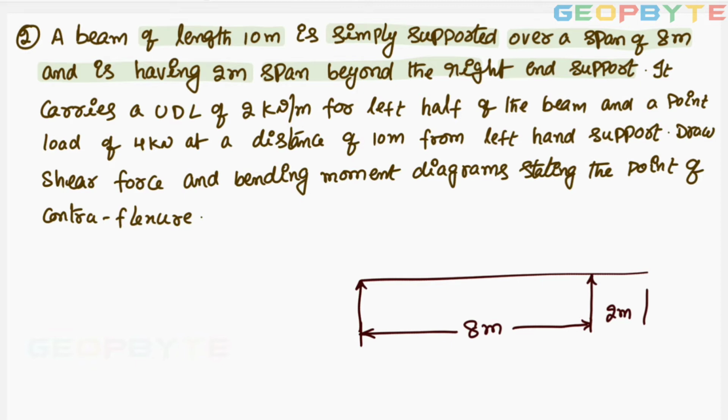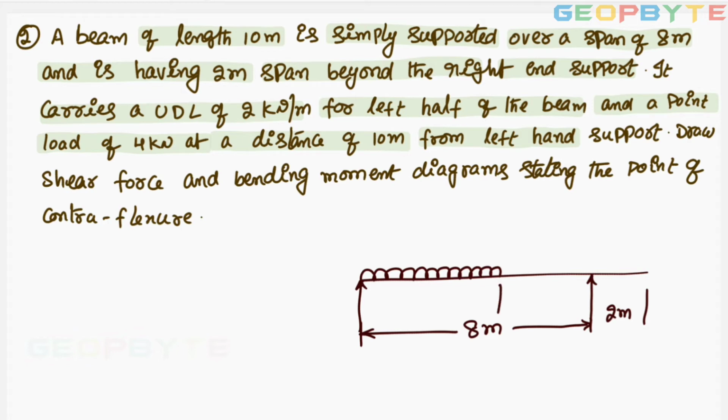It carries UDL of 2 kilonewton per meter for the left half of the beam and a point load 4 kilonewton at a distance of 10 meters from the left end. For the first half means 5 meters. The total span of the beam is 10 meters.